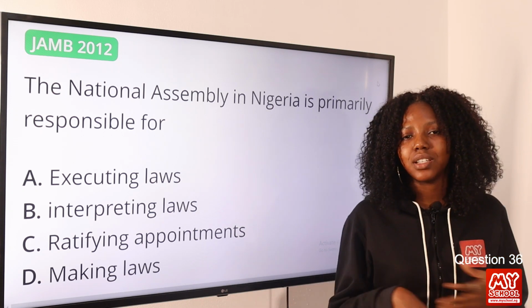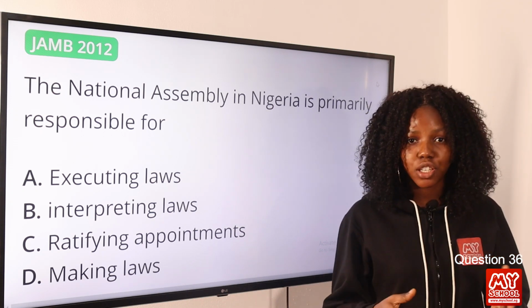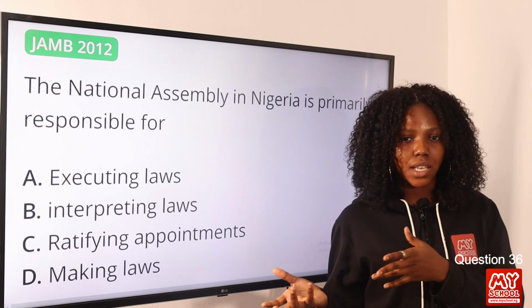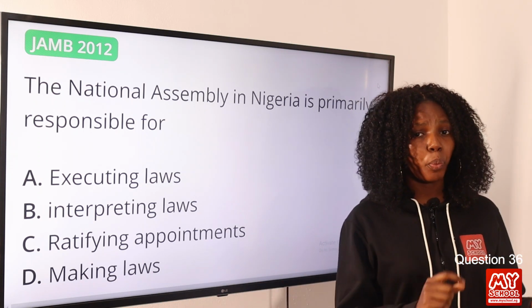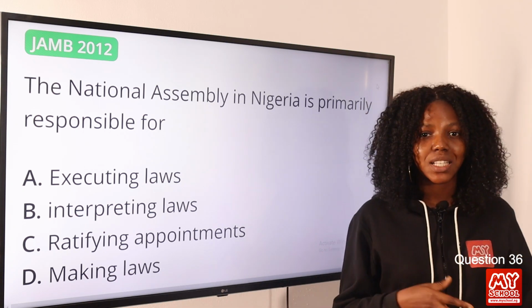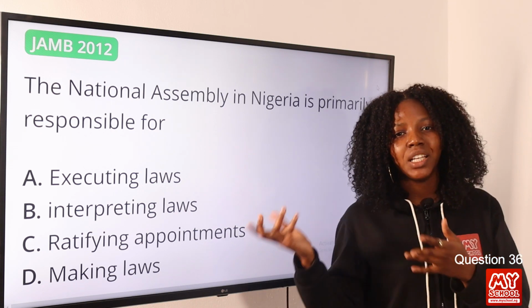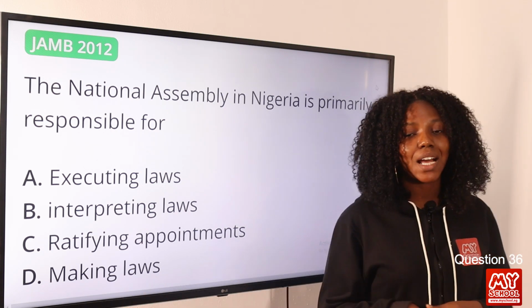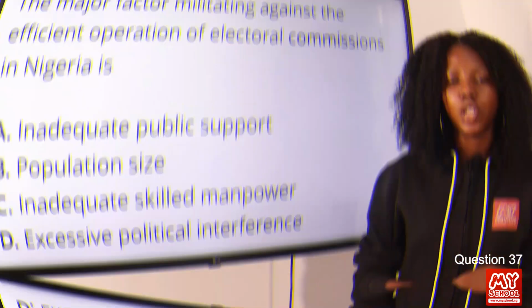They discuss the bill, they argue, they debate before it is then approved by the executive. And do not forget that a bill is a proposed legislation, so it's not a law until it is approved and enacted by the executive. So the answer is simply making laws. Option D is the correct answer to this question.